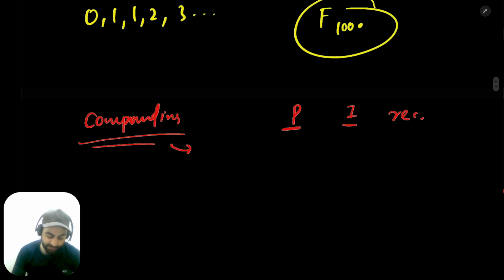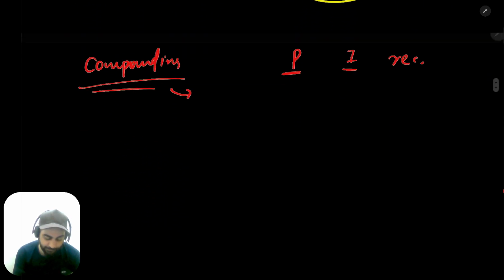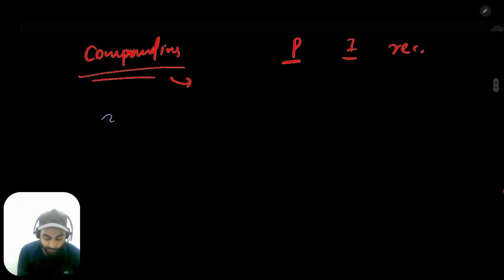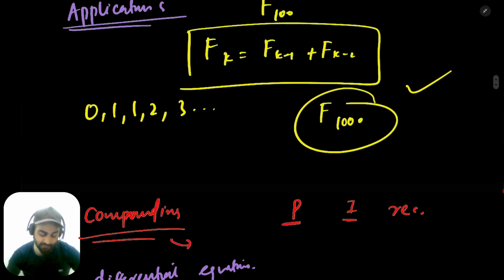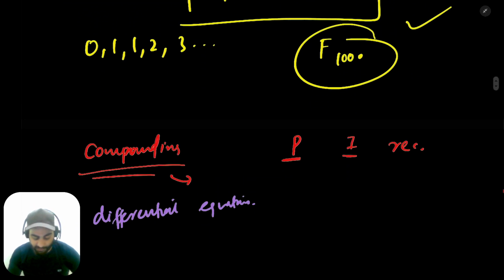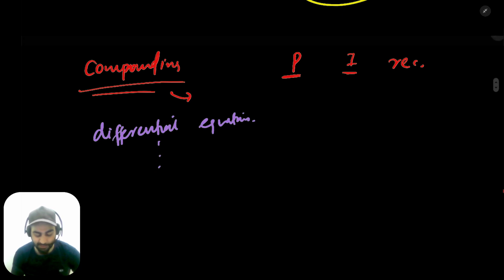Okay, so I gave an example of Fibonacci numbers, compounding, and you can also solve differential equations by using this. I wish I had time to explain all of these things, but I don't think we have time. But these are really good applications. I think there are a lot more than this.